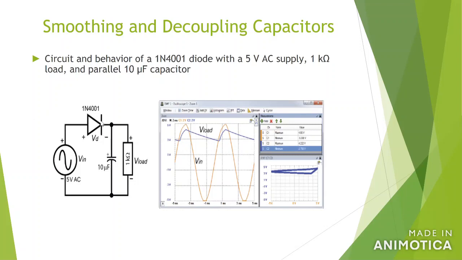Okay, so remember previously we introduced the diode, and we know a diode has a property that it only allows the current to flow in one direction. So that means if the power source is an AC signal, only the positive current can flow through. Negative current will be blocked by the diode.